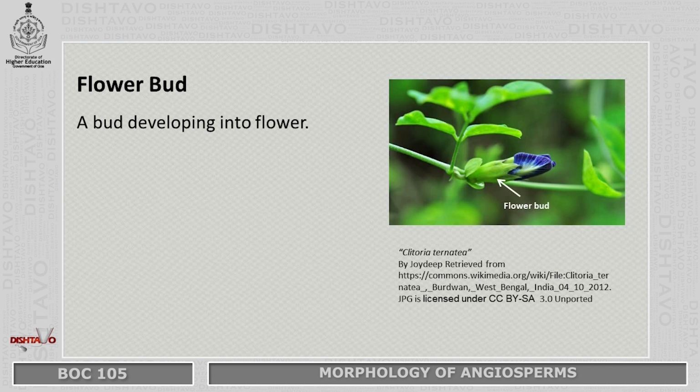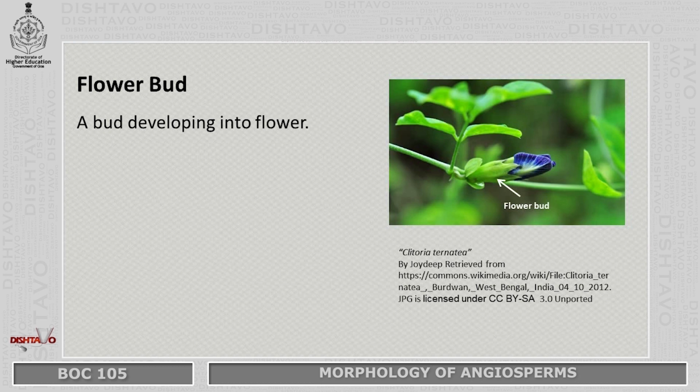Buds are basically meant for lateral growth in trees, and most of the time these buds remain in a dormant state. In most cases, during unfavorable conditions, the bud remains dormant, and once the favorable season sets in, these buds can proliferate into shoots or flowers.